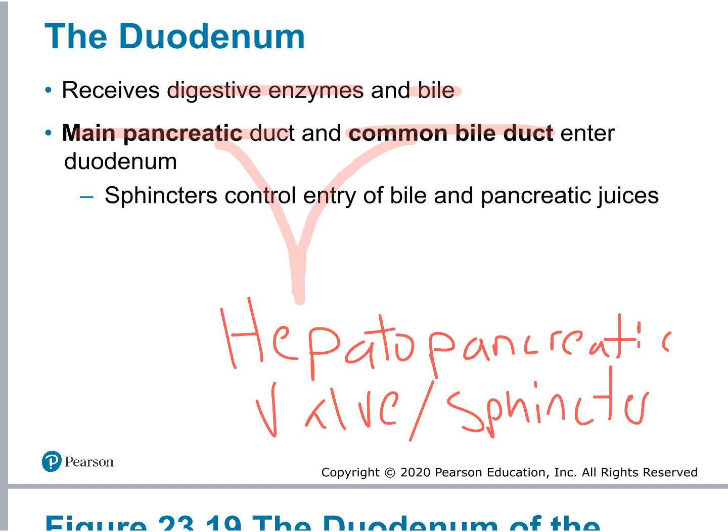So the main pancreatic duct and the common bile duct come together and empty through the hepatopancreatic valve or hepatopancreatic sphincter into the duodenum. There are two bumps inside of the duodenum called the major and the minor papilla. The major papilla is where we find the hepatopancreatic valve or hepatopancreatic sphincter. It controls the entry of the pancreatic enzymes plus the pancreatic bicarbonate plus the bile from the common bile duct.